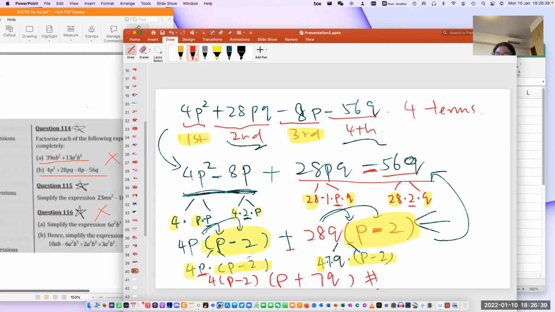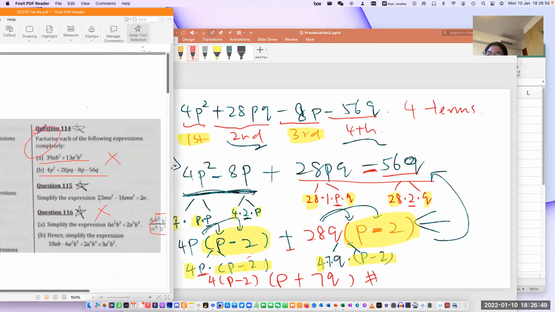All right. I know it's a bit complicated, but by the way, if you look at your textbook, factorization is actually, we have completed more than 50% of your textbook 1A already.